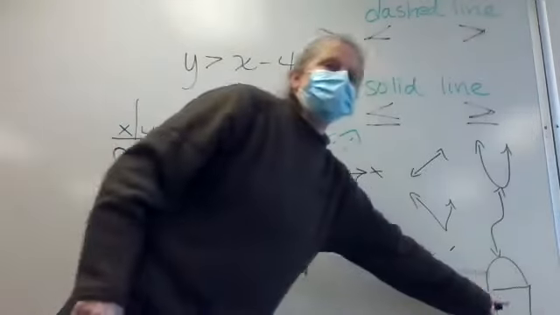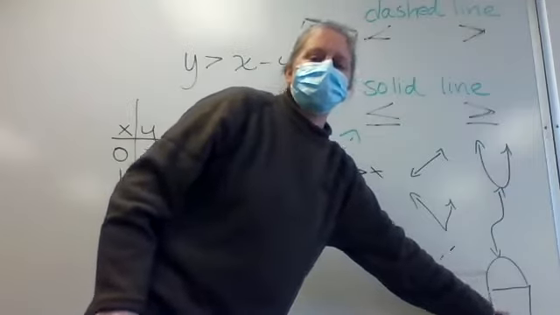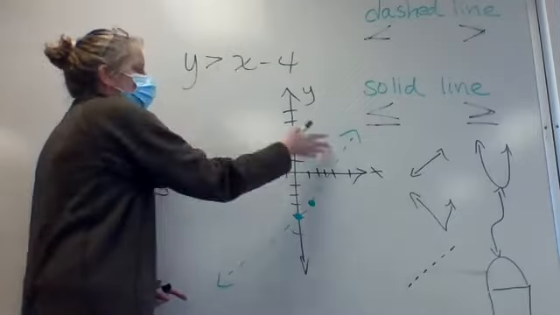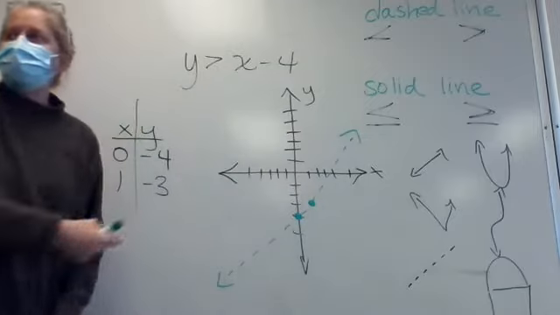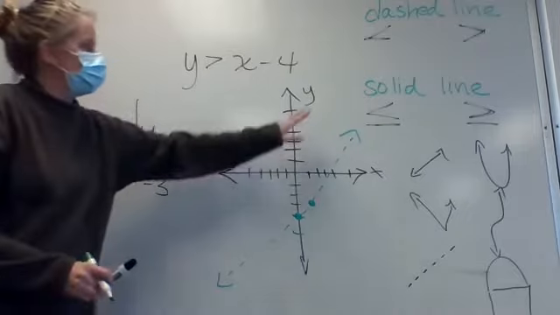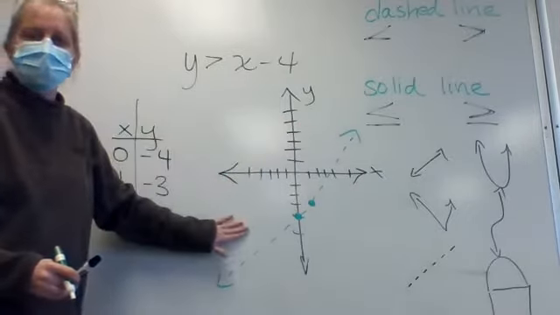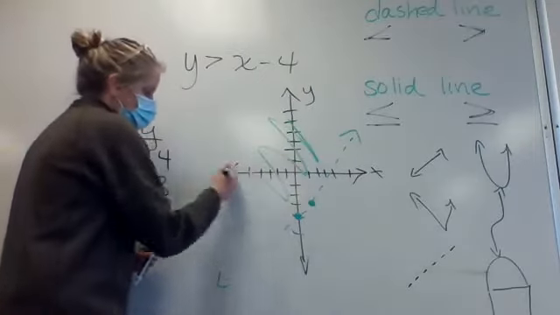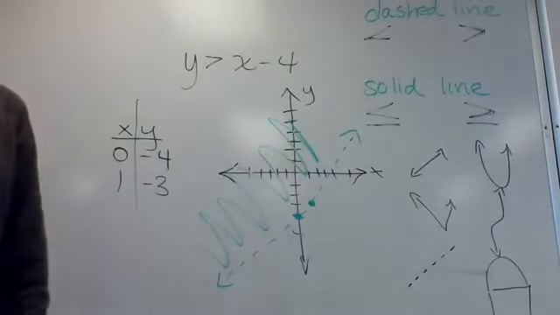So you'll click on this to tell MathLab that you're about to shade. So click on the paint can, and then you can click, since it's greater than, anywhere above the line. It'll shade that whole region for you. Just click your mouse anywhere above this line, and it'll shade that whole region for you.